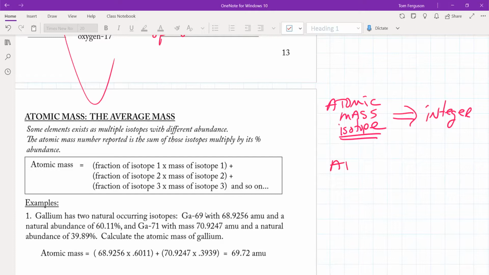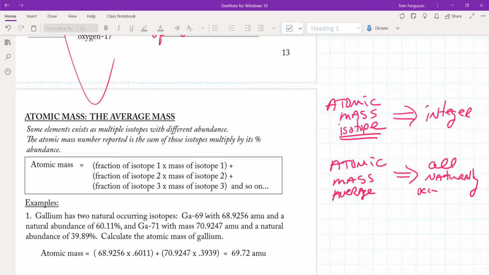The atomic mass average is going to be the average of all naturally occurring isotopes in nature.